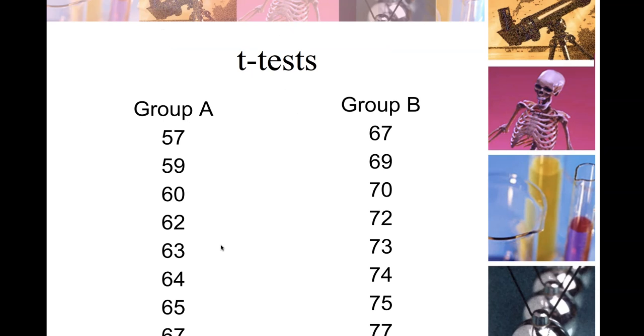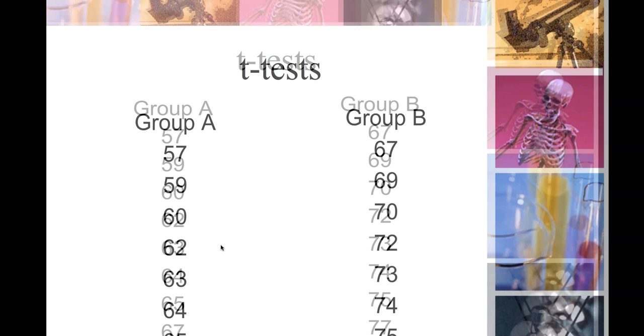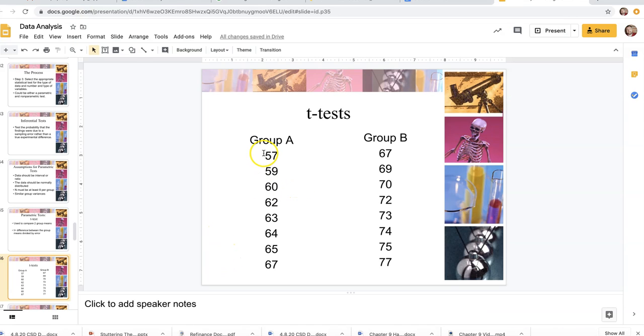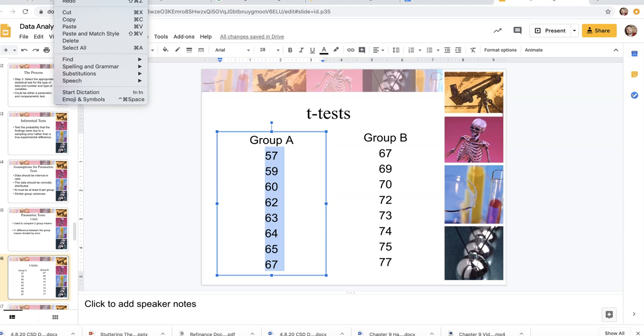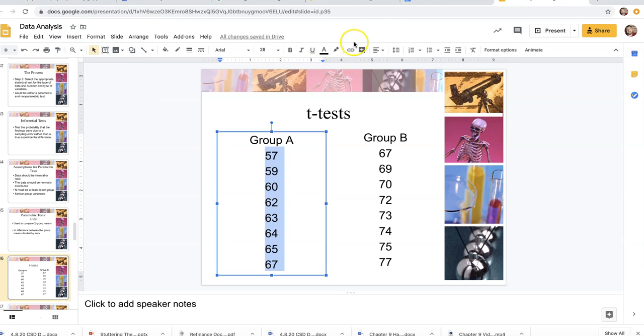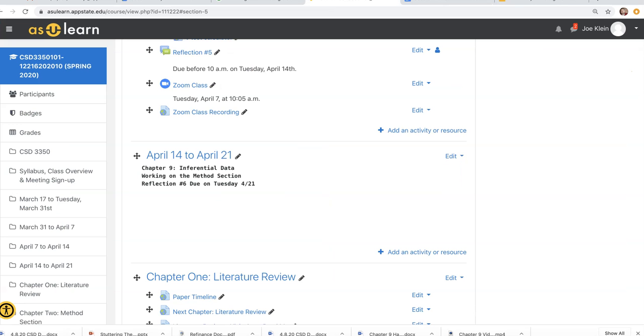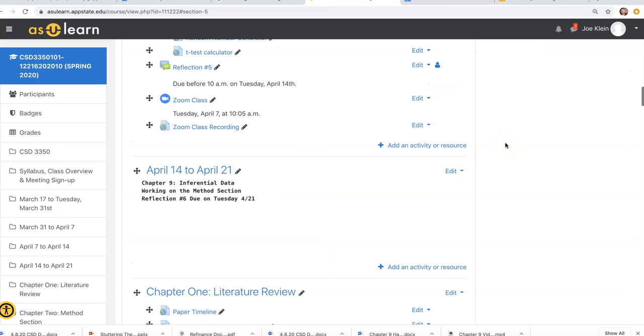So we're going to take a look at this quickly. Let's say this is our data for group A and group B on the post-test. I'm going to copy group A's data, edit, copy. I'm going to go to our class page here, if it will let me.